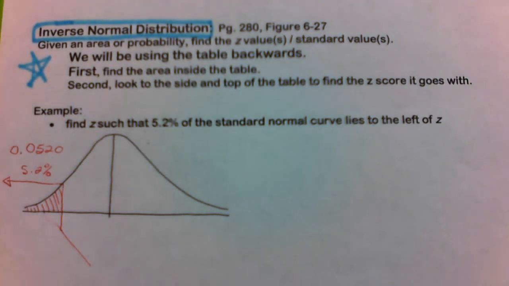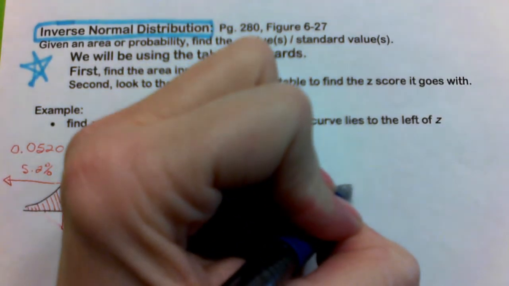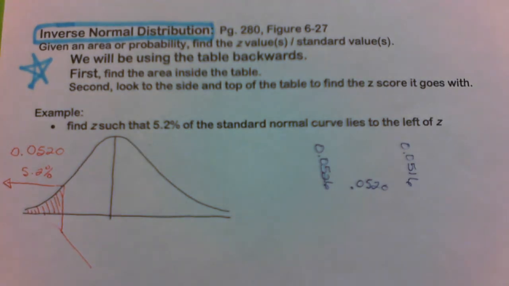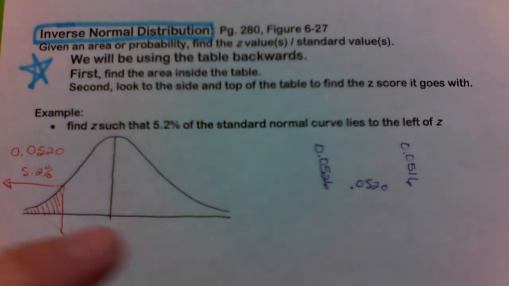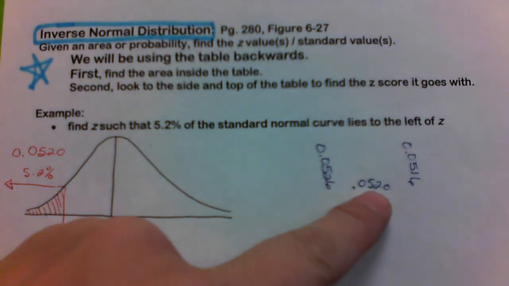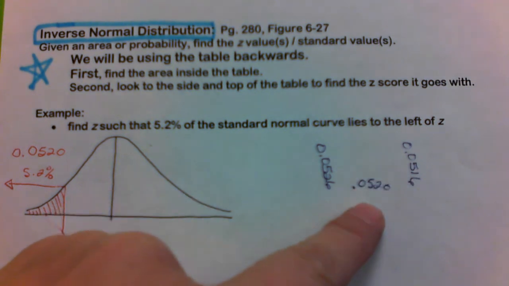So here's what I'm going to do. We're looking for 0.0520, but what we found was 0.0526 and 0.0516. So when the value that you're looking for falls in between two numbers, what you're going to do is ask yourself, which one does this fall closer to?